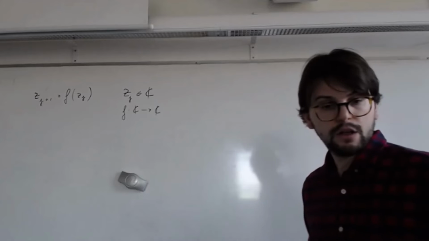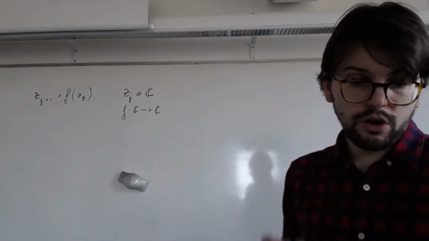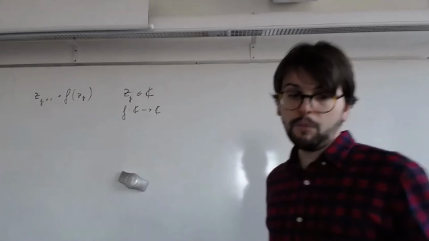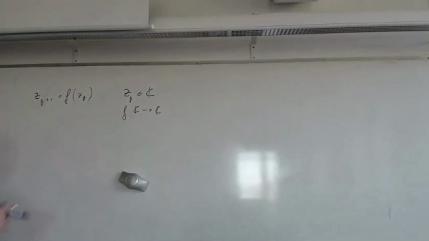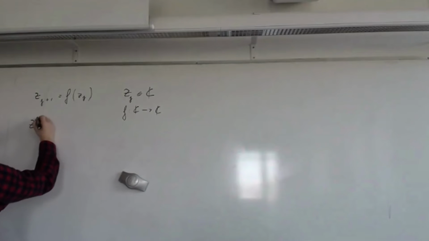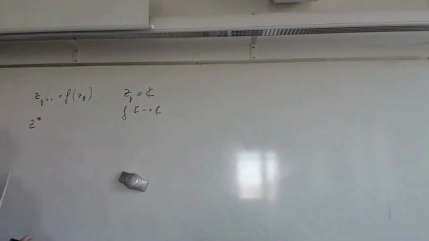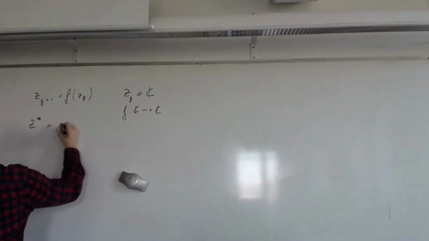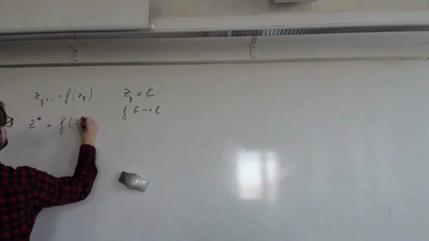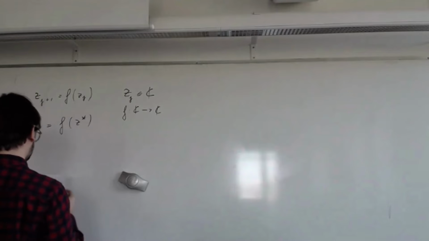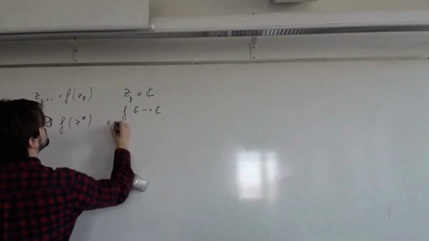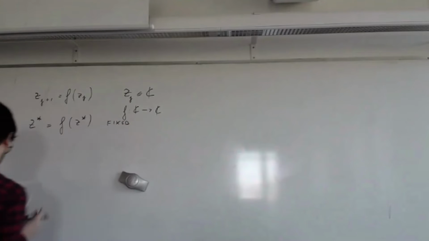Okay, good. So when you iterate a complex map like this, fractals can appear, and now we will see how and when. So as usual, as with the one-dimensional map, you can define a fixed point when, if you apply your map to the fixed point, it stays at the fixed point.